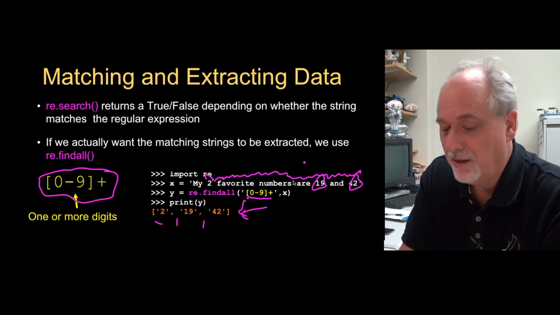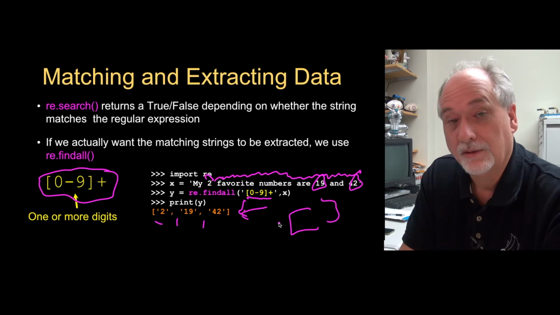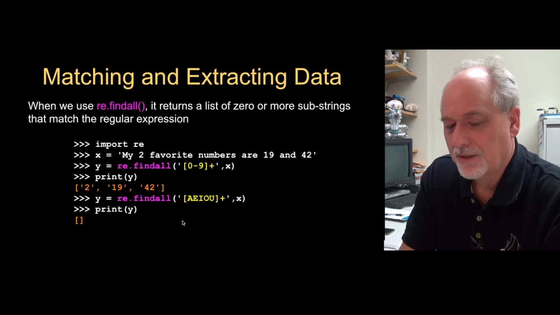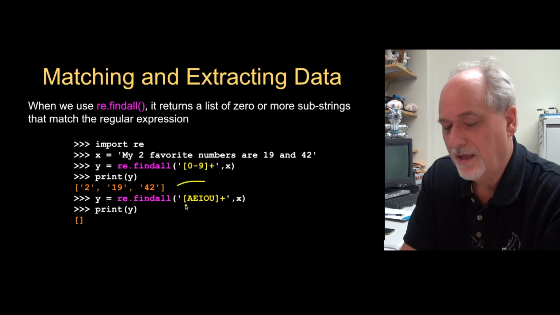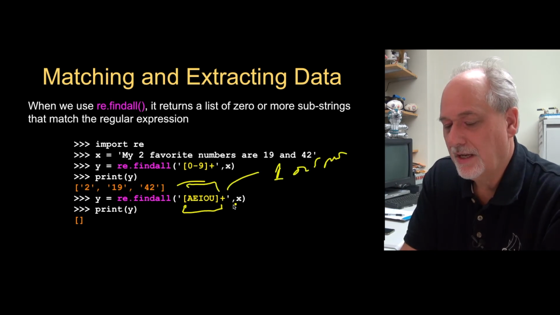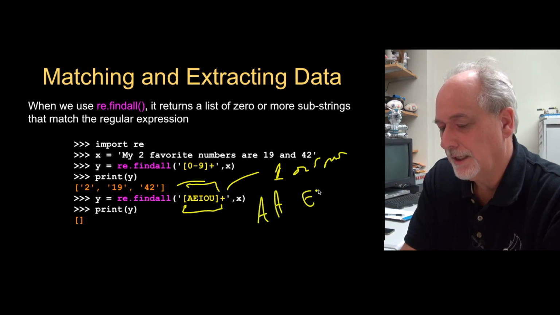Now it might have found none, and we would have got an empty list at that point, but it found some. Just as an example, we did this and got 2, 19, and 42, but if I said this, that is an uppercase vowel, A, E, I, O, or U, so that's one letter, and then 1 or more. So something like A would match, E, I, O would match.